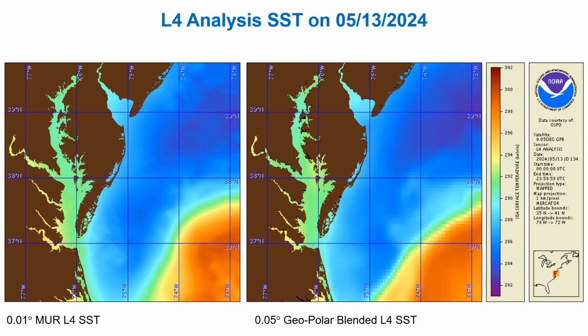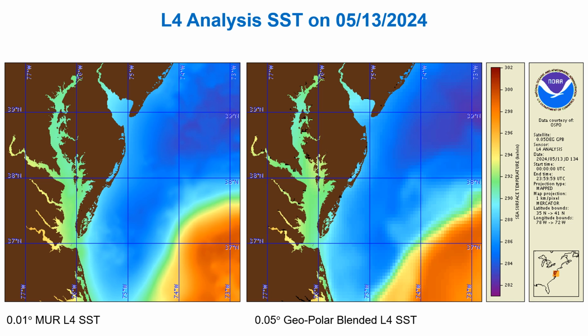This slide shows two examples of level 4 analysis SST, for comparison purposes only, on the same day, May 13, 2024, using the same Mercator 1 km per pixel projection. On the left is a 0.01 degree MUR level 4 analysis, and on the right is a 0.05 geopolar blended level 4.